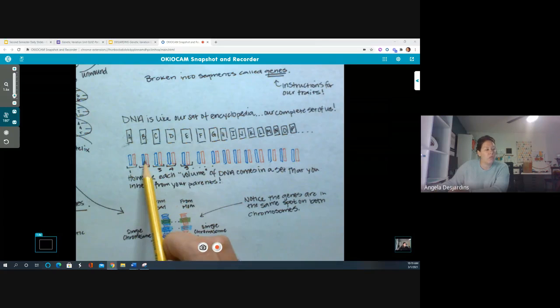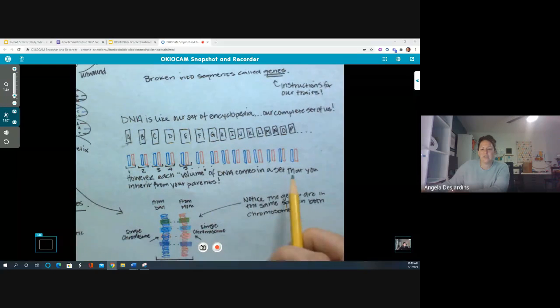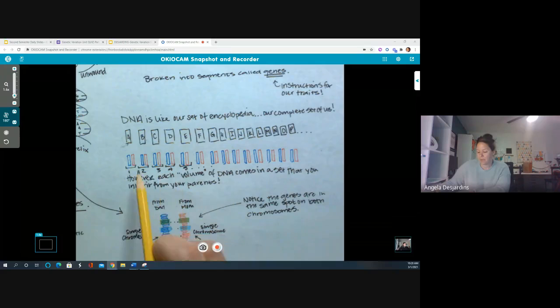Then volume 2, you get one set from your dad and one from your mom. Volume 3, one from dad, one from mom, all the way down. You have a total of 23 volumes, or 23 sets of instructions that make up you, for a grand total of 46 chromosomes if I were to count each one individually. So 46 is 23 times 2. The big difference here is that your information is organized into these pairs.